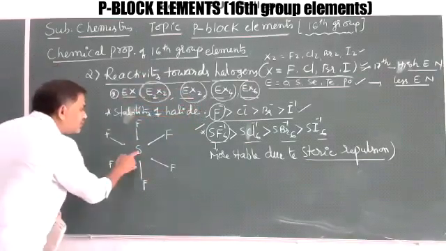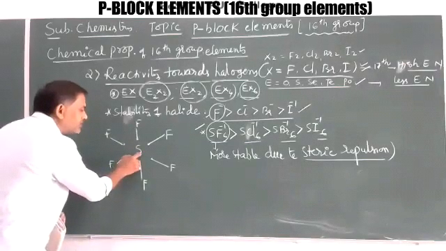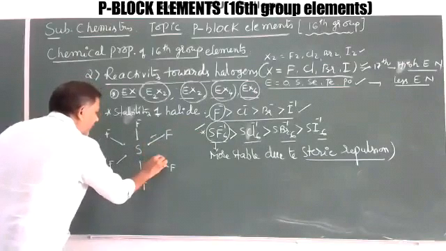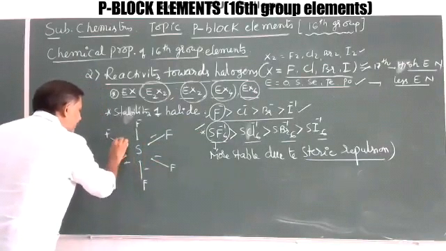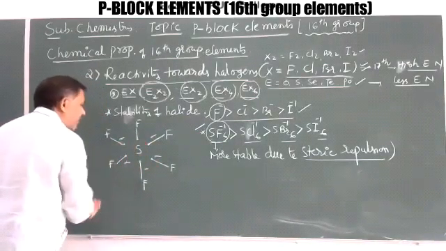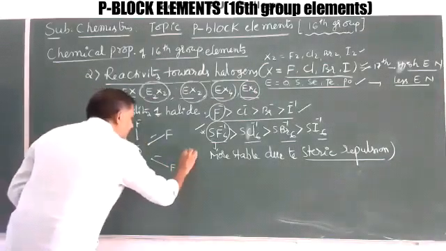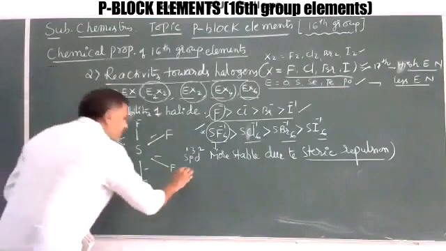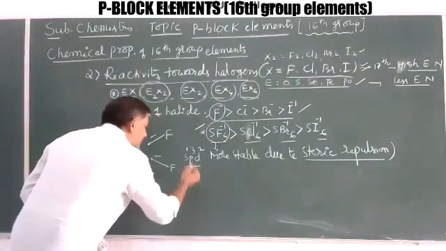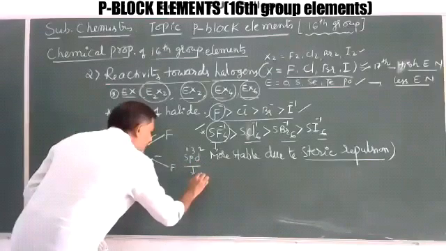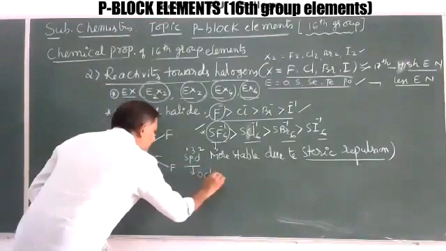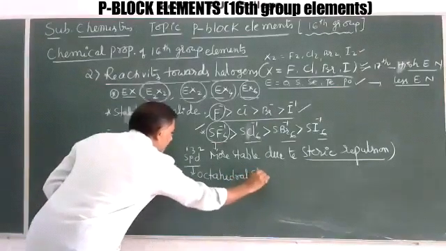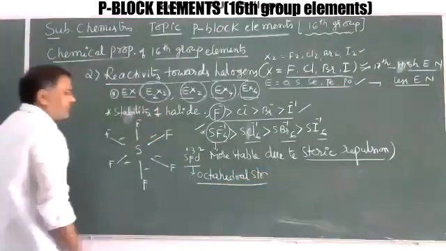The reason is the presence of d orbitals in its outermost orbit, so it forms 6 covalent bonds. 6 covalent bonds mean the sulfur undergoes sp3d2 hybridization. sp3d2 means all hexafluorides, hexahalides generally have octahedral structure, octahedral geometry.